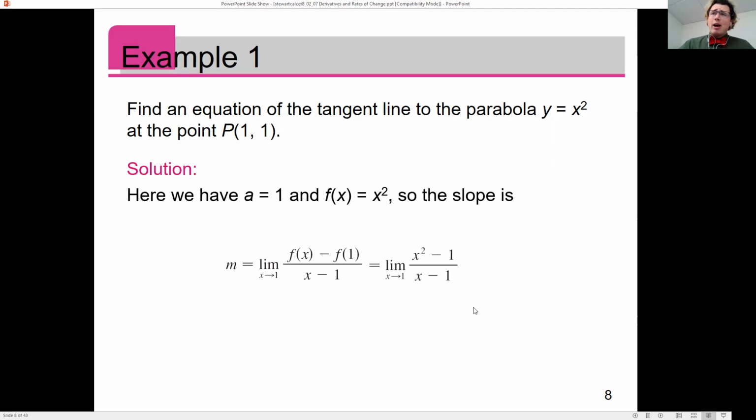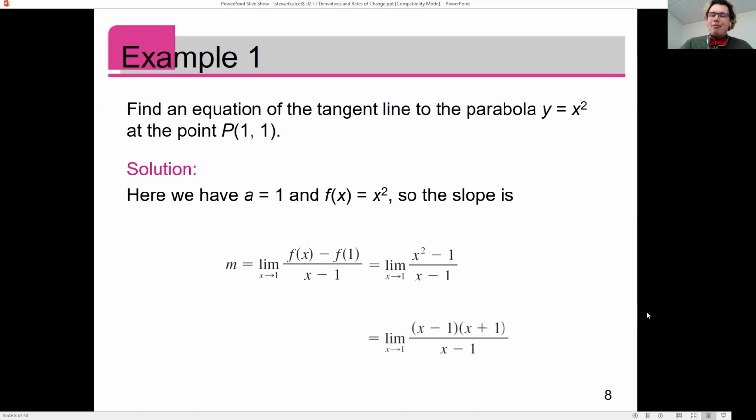So let's go ahead and write in the formula for f of x. This is now the limit as x approaches 1 of x squared minus 1, all divided by the quantity x minus 1. Well, hey, that is actually a problem that we can solve now using limits. I cannot evaluate just by plugging in x equals 1, right? That is not in the domain of this rational function.